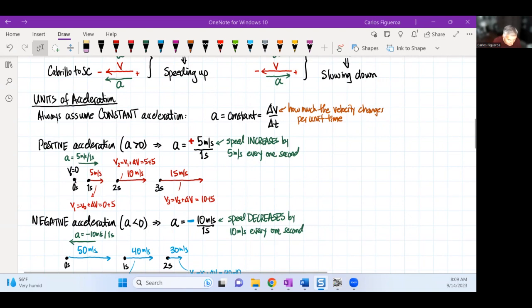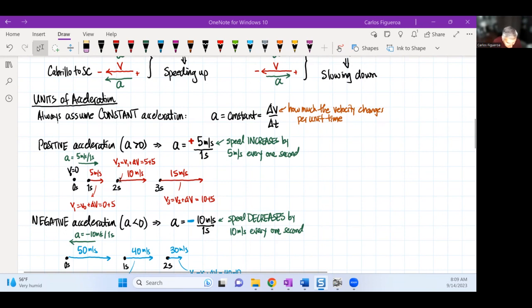So if I start at rest, which means that at 0 seconds my velocity V0 is 0, but my acceleration is 5 meters per second every 1 second, then after 1 second my speed V1, which is equal to V0 plus delta V, we know that we're changing speed, is going to be 5. In other words, my speed has changed from 0 to 5 meters per second.